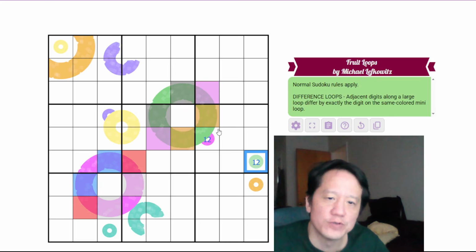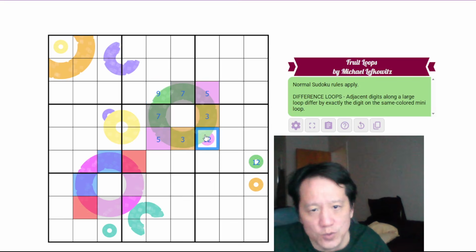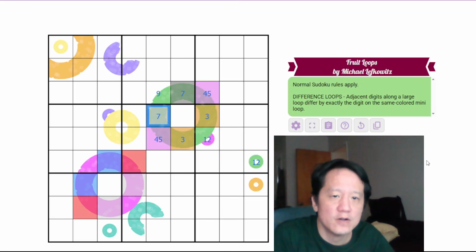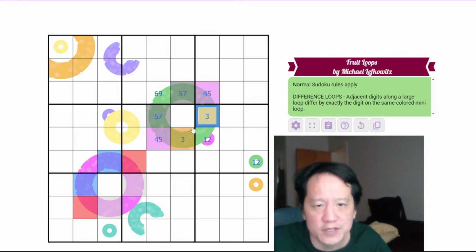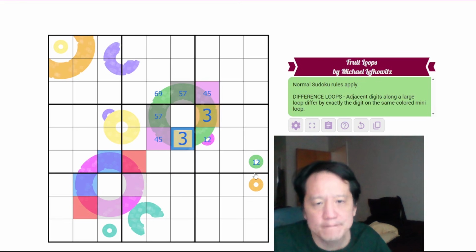So therefore, if this is 1, this is 3, and then 5, then 7, then 9. If this is 2, this would be 1. So then this would be 2, 3, 4, 5, and 6. So we know either way these are 3. So this is 3.